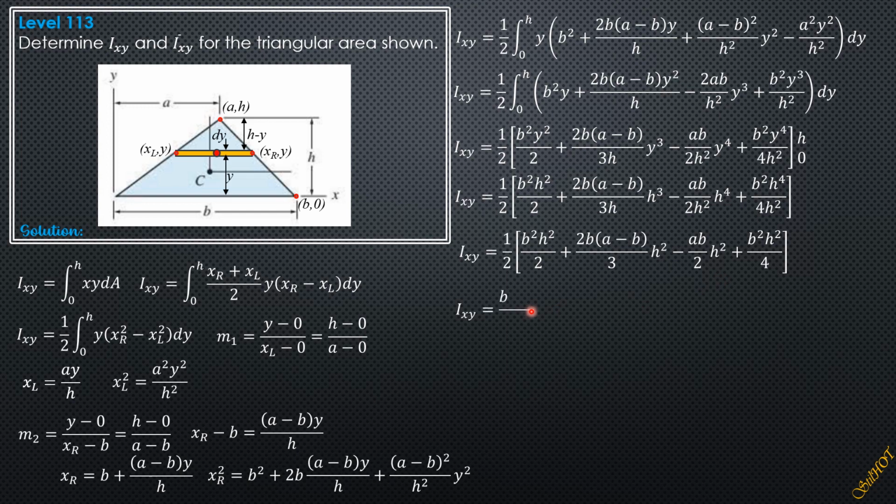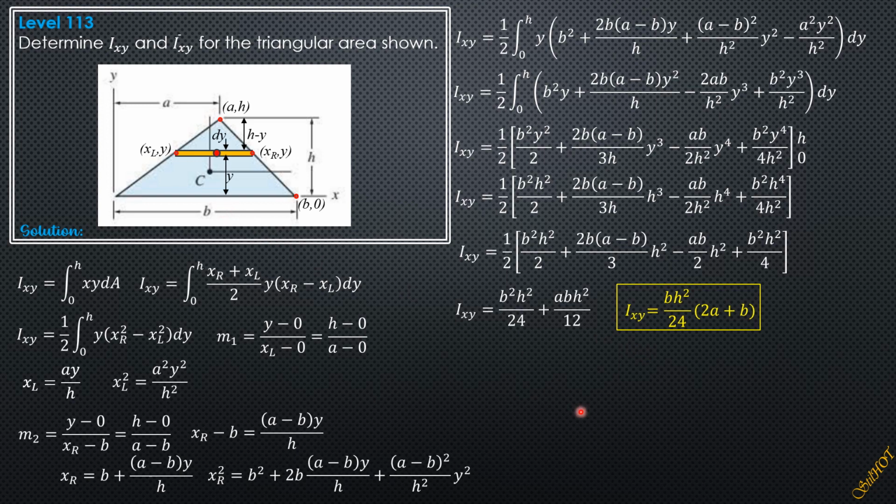So combining and simplifying, we have b square h square over 24 plus ab h square over 12. Factoring out b square h square over 24 and writing the result first here, we have b square h square over 24 times quantity 2a plus b. So that's the product of inertia with respect to the xy axis.